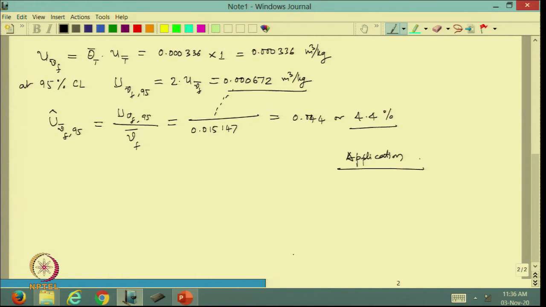And in the case of a cryogenic engine where you are filling liquid hydrogen, this uncertainty may be too large. If the filling was done at 23 Kelvin, the density is higher, so we fill more mass.